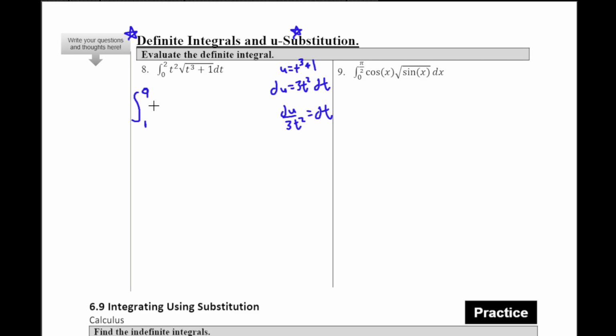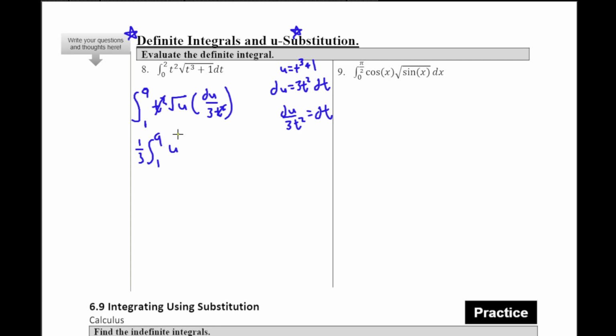Now you can rewrite as you did before. T squared, and then it's the square root of u over du over 3t squared. So the t squareds cancel out, and then you have the 3 in the bottom, so it's 1/3 integral from 1 to 9 of square root of u.